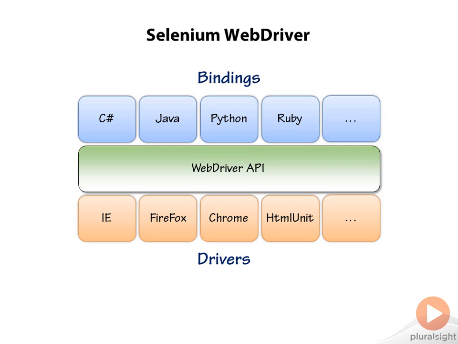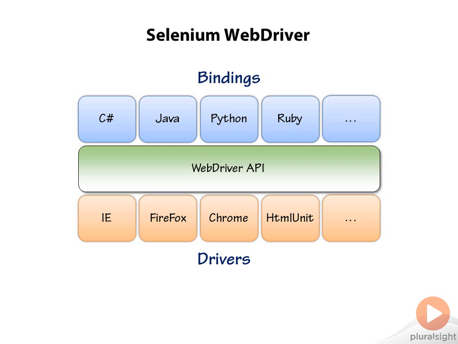But the basic idea here is that each one of these drivers knows how to drive the browser that it corresponds to. So the IE driver knows how to use the low-level details of Internet Explorer and drive it to do things like clicking buttons, going to pages, getting data from the browser itself. Same thing with Firefox, Chrome, and so on.